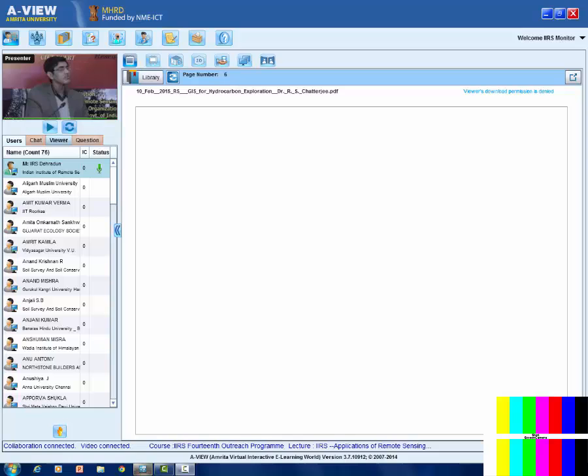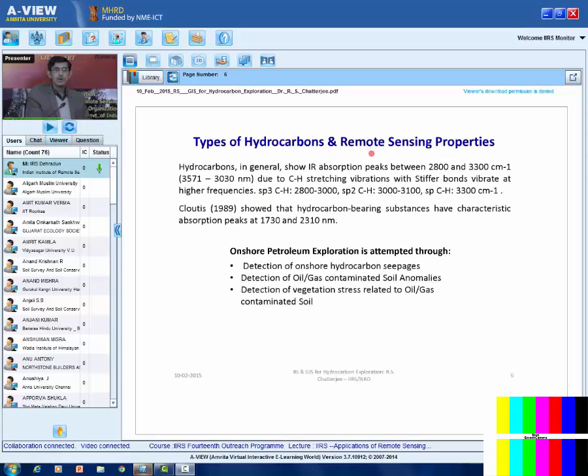Now we see this for petroleum, and particularly if you talk about hydrocarbons in general, they have IR absorption peaks around 2800 to 3300 centimeter inverse, which is the wave number. That comes around 3.5 to 3.0 micrometer, or 3571 to 3030 nanometer.